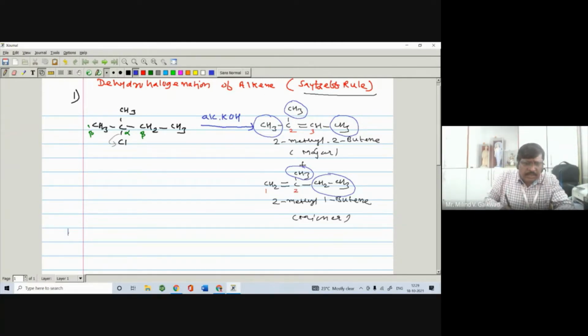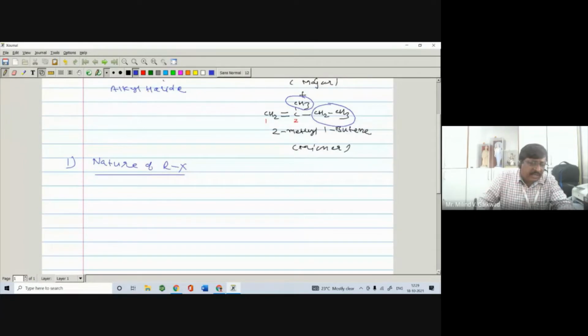So the factors which affect the reaction are the nature of the alkyl halide, the nature of RX. If you change the alkyl halide, these are alkyl halides, meaning the substrate. Then the path of the reaction will also change.